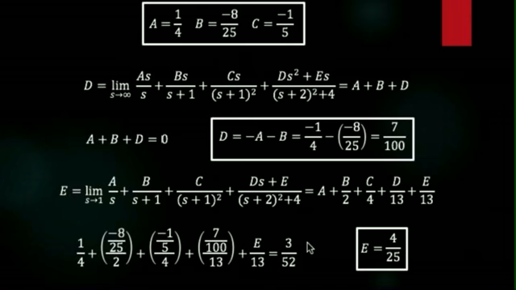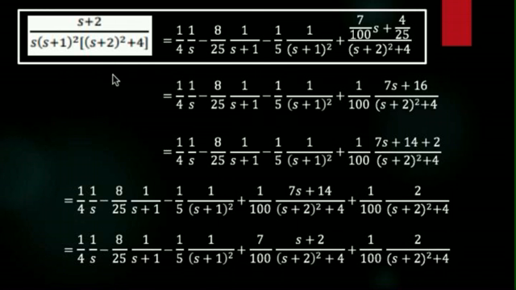This result is a consequence of the substitution of s when s tends to 1 in the first part of the partial fraction, and the result is 3 over 52. The next thing that I have to do is give form to the partial fractions once we have the constants.